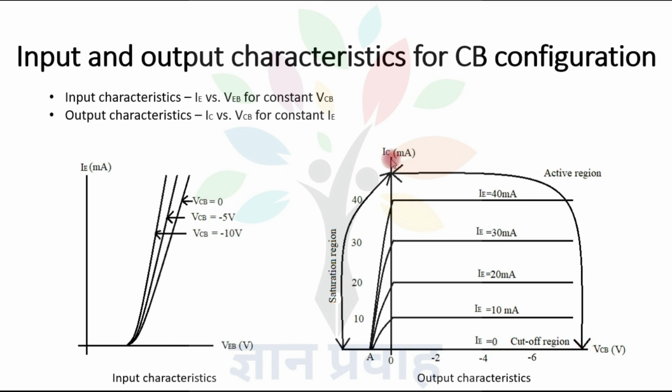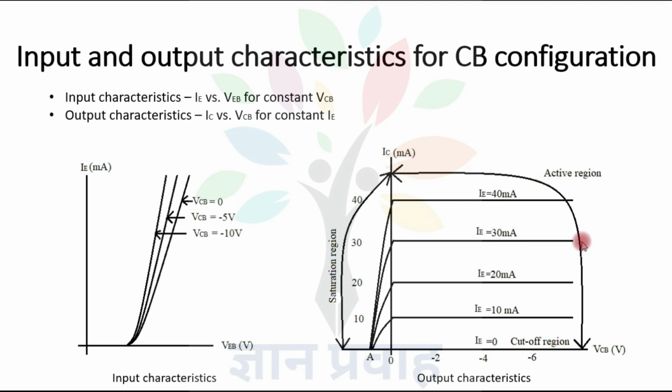The output current is the IC current here. So IC current is zero when emitter current is zero, because emitter current equals IC plus IB. So this region is called the cutoff region, and in the cutoff region, both the junctions are operating in reverse bias.